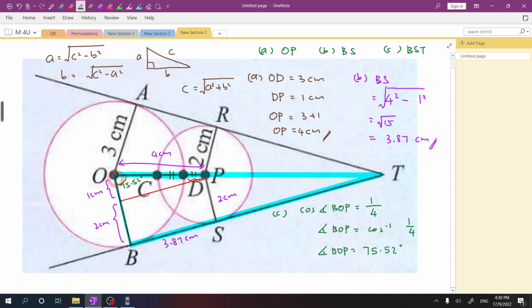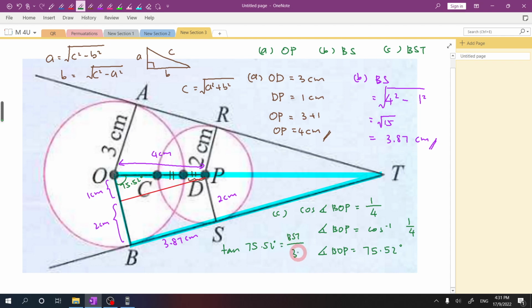Okay, now we have this angle, we have this side, we should be able to get the length here. Here I will be using tangent. Why I use tangent? Because tangent of the angle is equal to opposite divided by adjacent. Opposite, which is here, the side that I'm going to find the length, BST, or I just write BT. Okay, since the question say BST, I just follow it, BST. Tangent equal to opposite divided by adjacent. We know the adjacent side, which is 3.